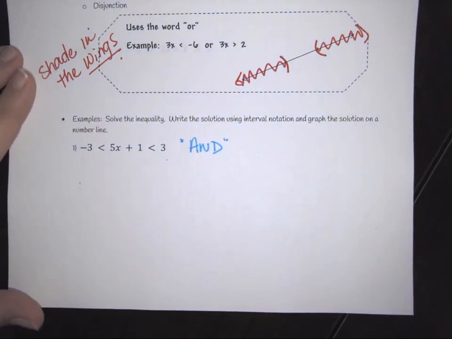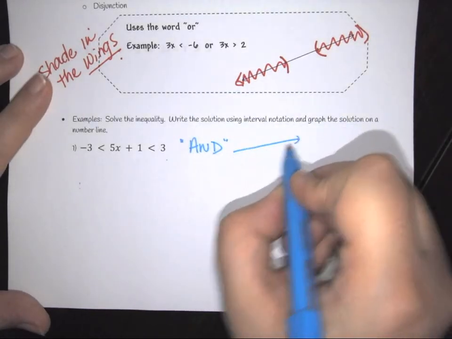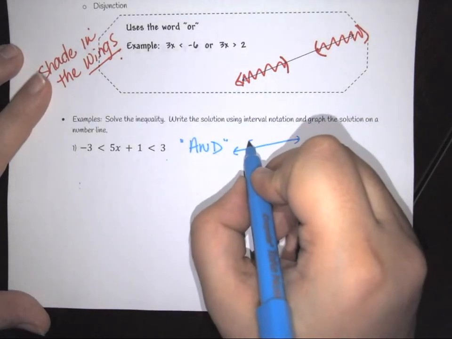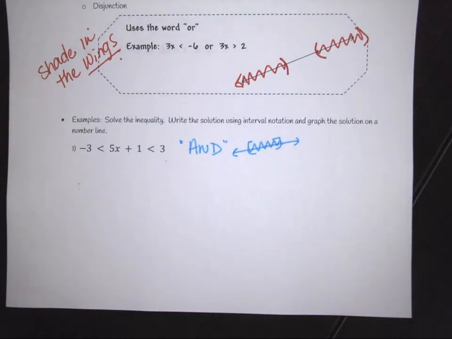AND means that I am shading in the middle. If you're a big believer in taking notes as you do math, that's one thing this equation has told you. Now we have to solve the equation.